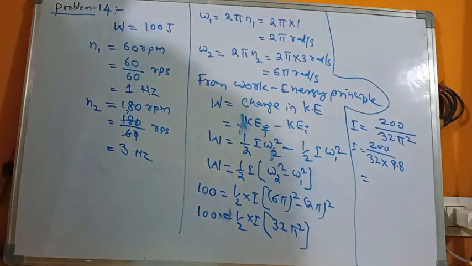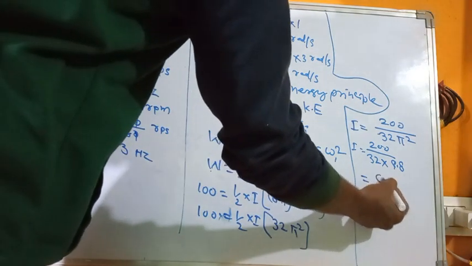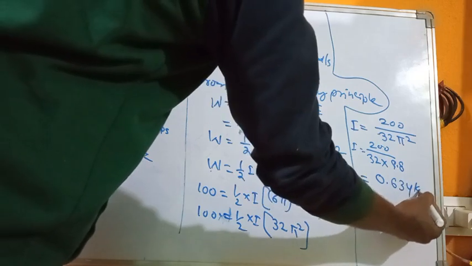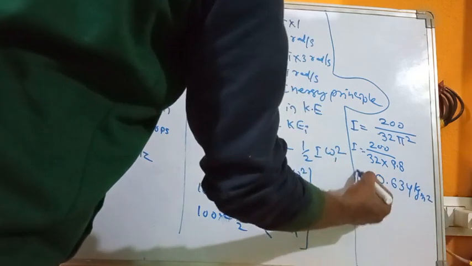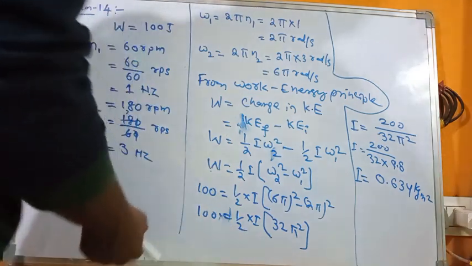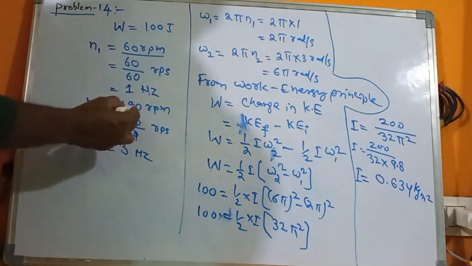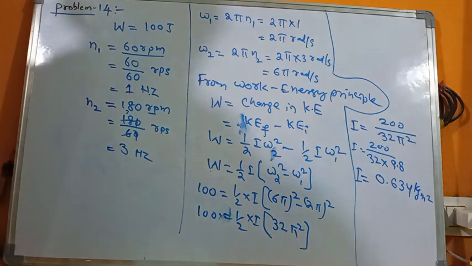After solving this we got the answer 0.634 kg meter square. This is the moment of inertia when rotations changed from 60 rpm to 180 rpm.